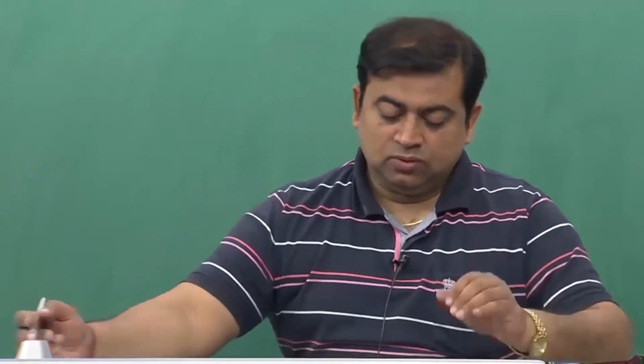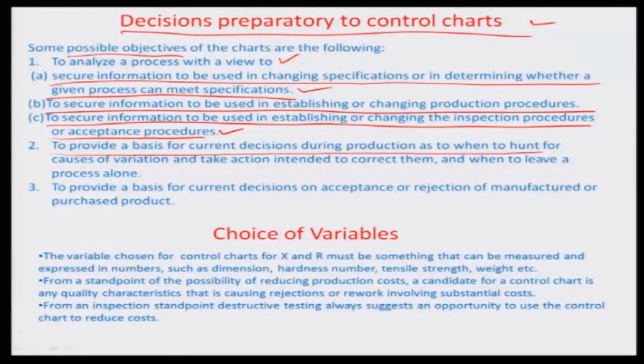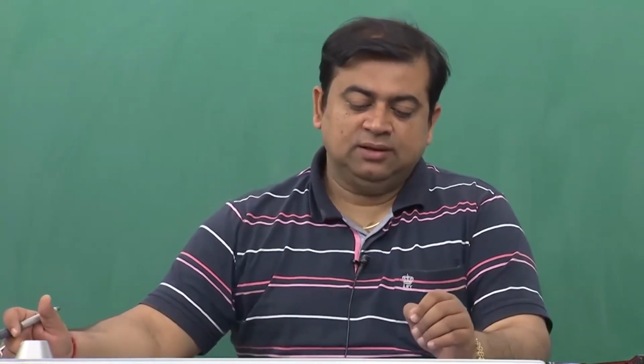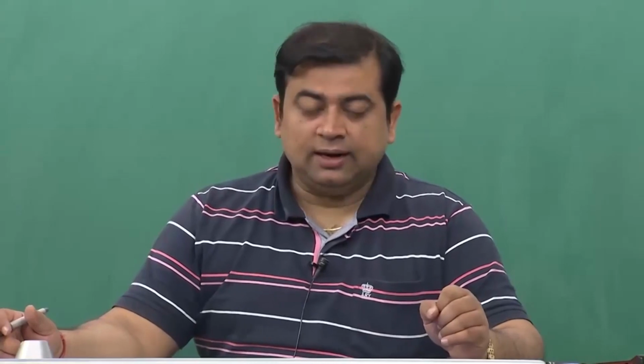Also, you have to provide, through a control chart, a basis for current decisions during production, so as to identify the time period when you have to hunt for the causes of variation and take action, and then also check whether the action suggested has been implemented and because of which the process comes into control again. And then obviously you have to provide a basis for the current decisions on acceptance and rejection of manufactured or purchased product, where if you are an end customer from a vendor, you can probably screen off those lots which are faulty as opposed to those which are okay. So, this is another very important aspect which can be a possible objective for a control chart.